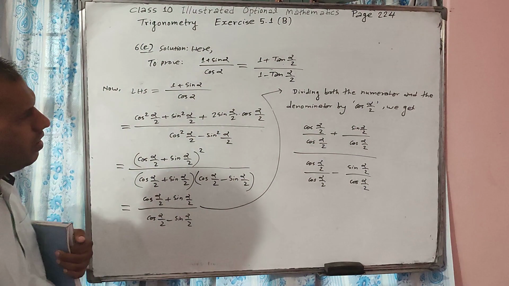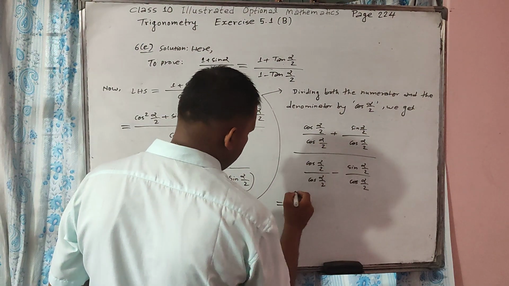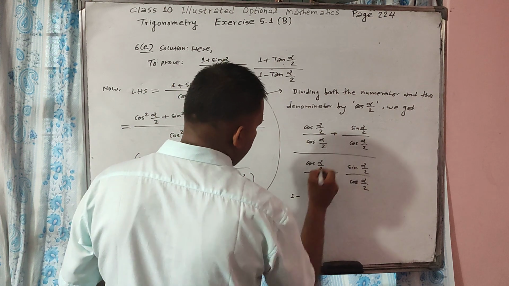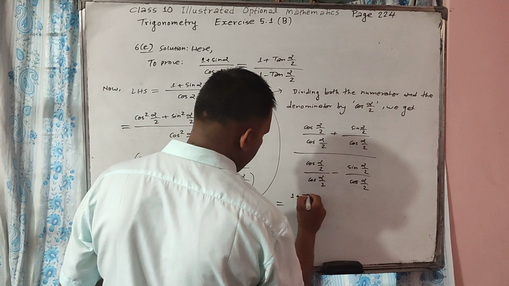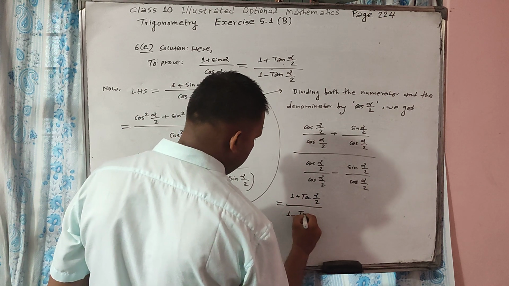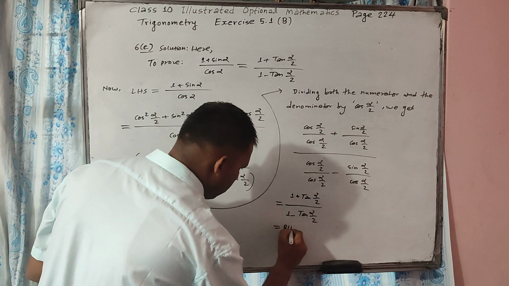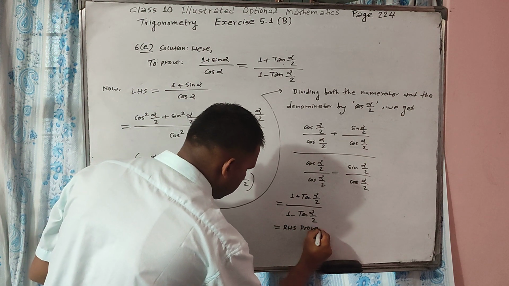Dividing numerator and denominator by cos alpha by 2, this is equal to 1 plus tan alpha by 2 all upon 1 minus tan alpha by 2, that is our RHS. Proved.